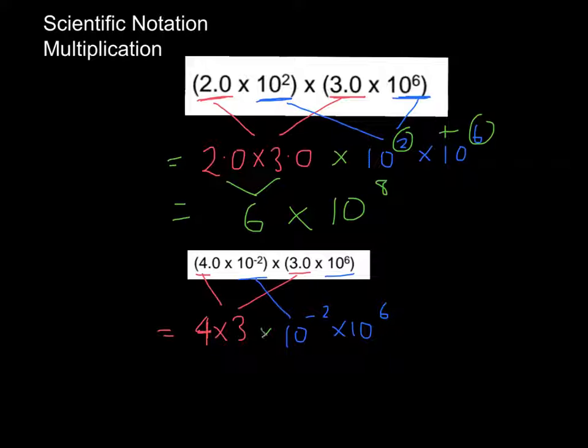Multiplying both those together. So in this case, 4 times 3 is equal to 12 times by, remember when we've got the same base, we add the powers together. So negative 2 plus 6 is equal to 10 to the power of positive 4.